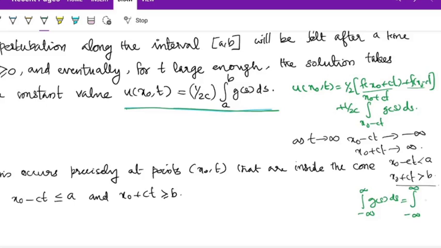The integral from minus infinity to plus infinity we can split as the integral from minus infinity to a, then a to b, plus b to plus infinity.